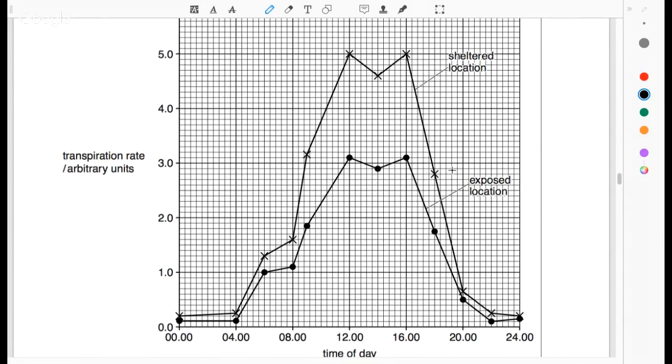And so between the two peaks at 14 o'clock, the transpiration rate for both of them decreases. The transpiration rate of the sheltered location is higher than that of the exposed location, from 0 to 24. So it's always high.